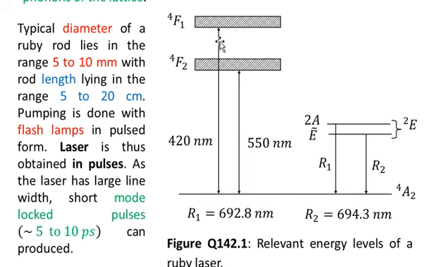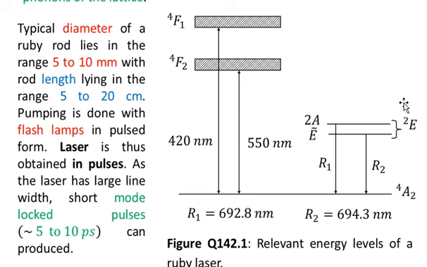You see that these two states can also decay to the ground state. But before that, there is a fast non-radiative decay from these 4F1 and 4F2 states to the 2E states.